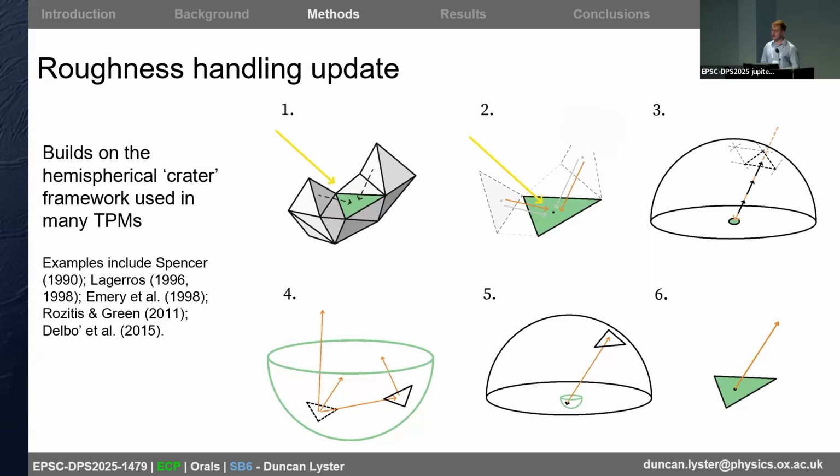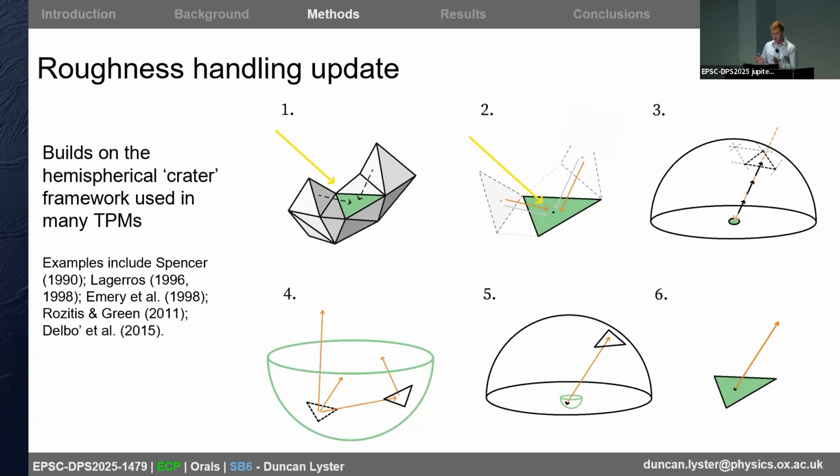And again, it's done in a configurable way. So you don't have to use a full hemispherical crater. You can vary your roughness parameter by varying the crater rim angle. What the diagram here is showing is a way of dealing with that in 3D space that doesn't slow the model down too much. So it's not quite as slow as just multiplying the shape model by the number of facets that you're using per parent facet.